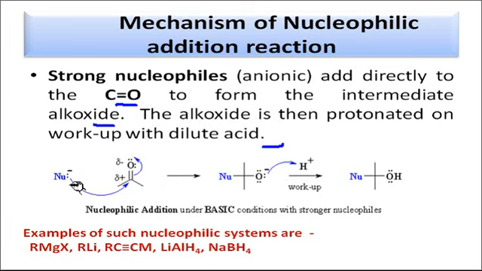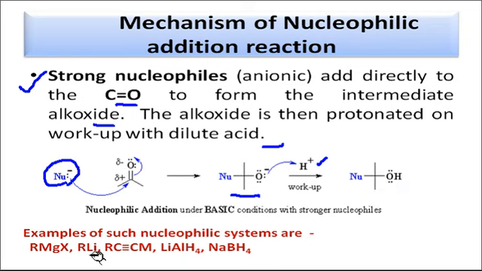For example, the nucleophiles which have a negative charge are considered strong nucleophiles. These nucleophiles attack the electrophilic carbon center of the carbonyl compound and form the alkoxide intermediate, which on protonation results in the formation of the alcohol derivative.